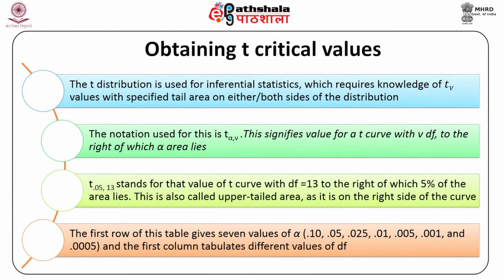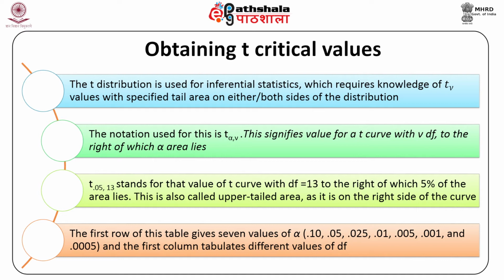Most commonly, the t distribution is used for inferential statistics, which requires knowledge of t values with the specified tail area on either or both sides of the distribution. For this, we use the concept of t critical values.